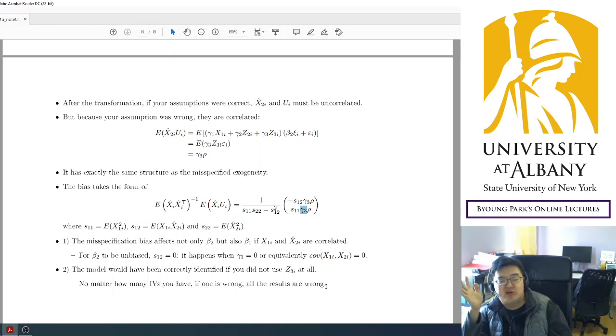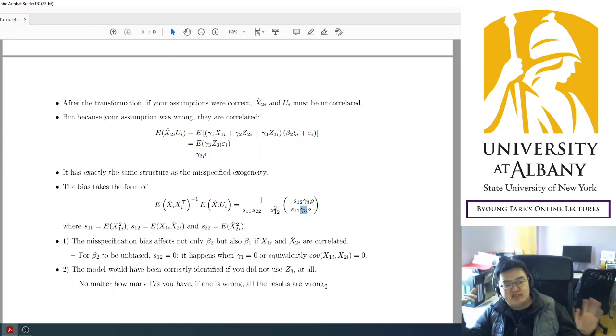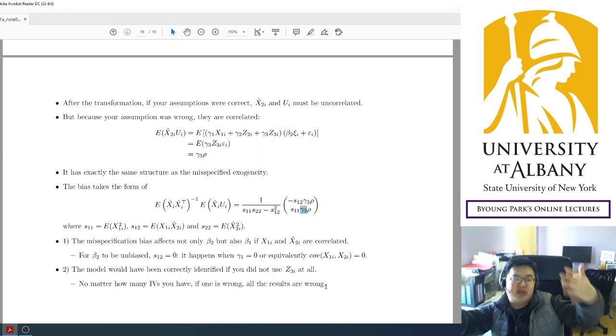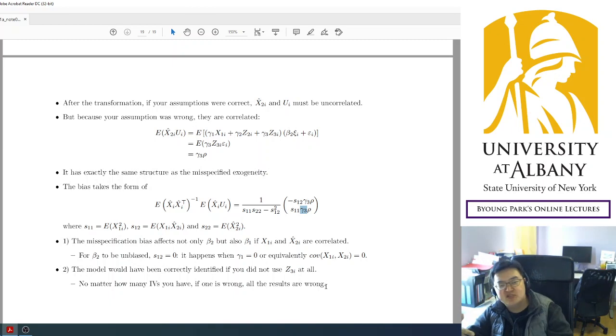And the lesson from this is that using more instruments is good for the accuracy of your estimation. However, it is dangerous because if you include more and more instruments, and if one of them is wrong, then everything is affected.